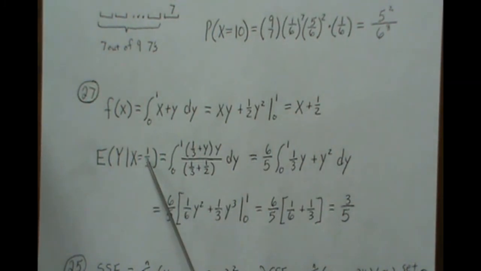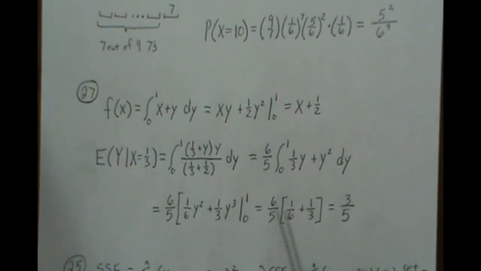But we're plugging in 1/3 for x, so that becomes a constant which factors out, and then we multiply the y in and take the antiderivative, plug in limits, the 0 makes it go away, and we get 3/5.